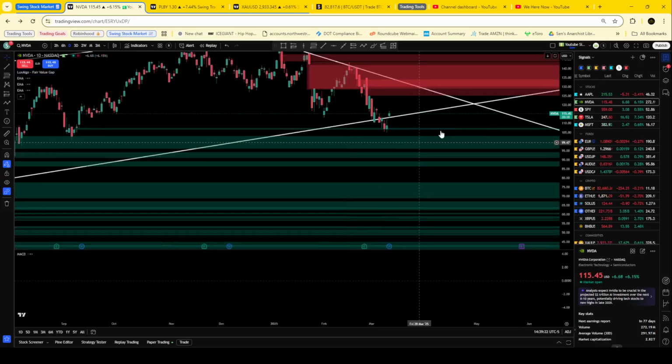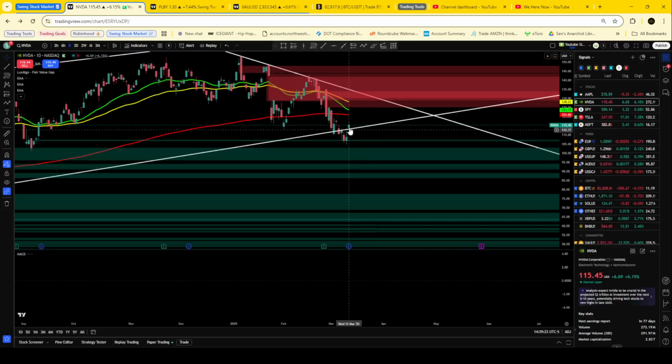See that gap up? Things about gaps: when you see a gap up and it's continuously running up, it will almost always refill the gap.